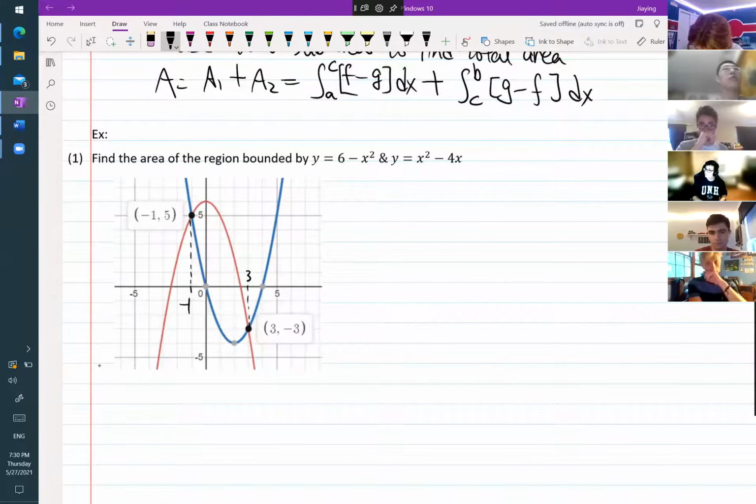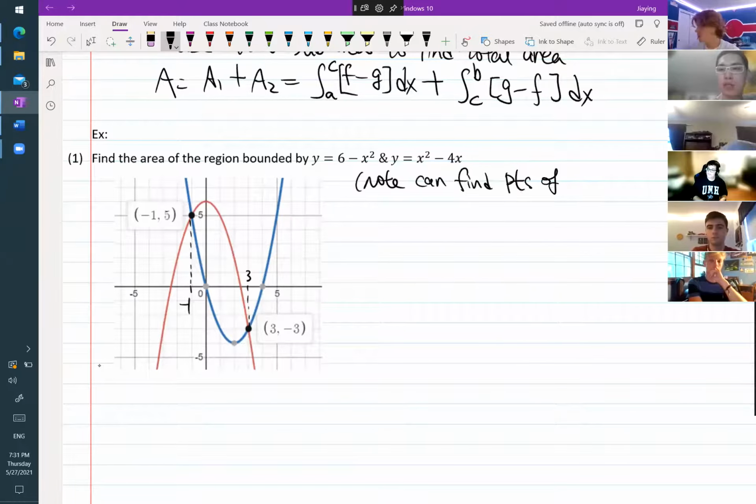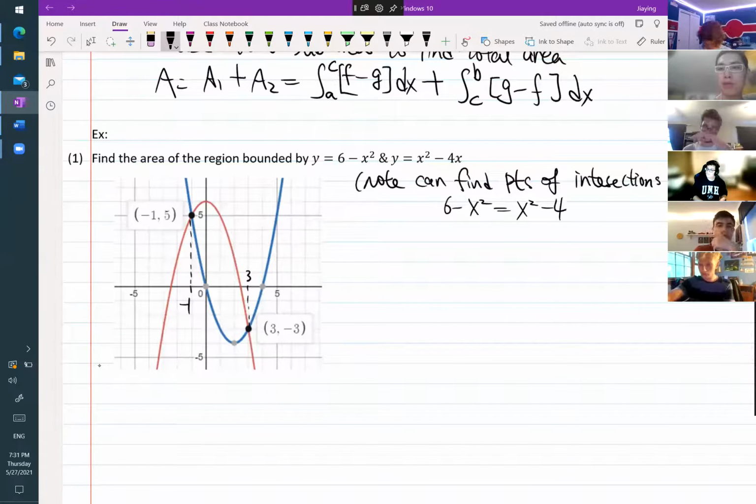If you don't use Desmos, you can always find the points of intersection by setting the two functions equal, 6 minus x squared equals x squared minus 4x.